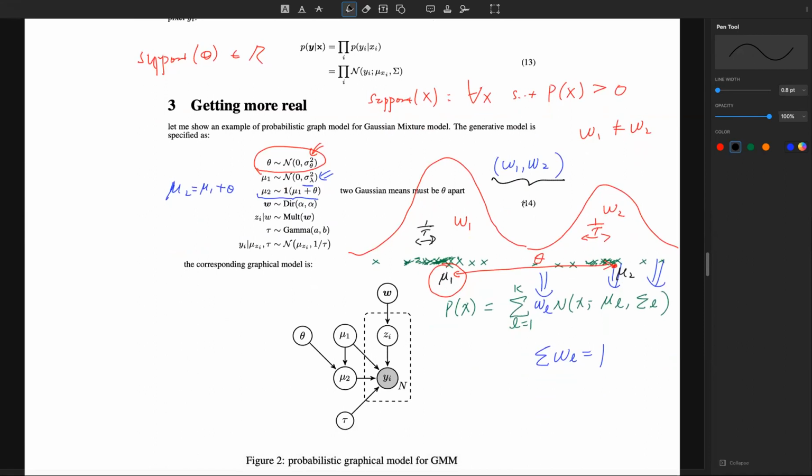So can I just ask, what about W? W1 and W2 need to be treated as a vector, okay? Why do they need to be treated as a vector? Because they add up to one. So what do you think is the most appropriate distribution for them, W1 and W2?